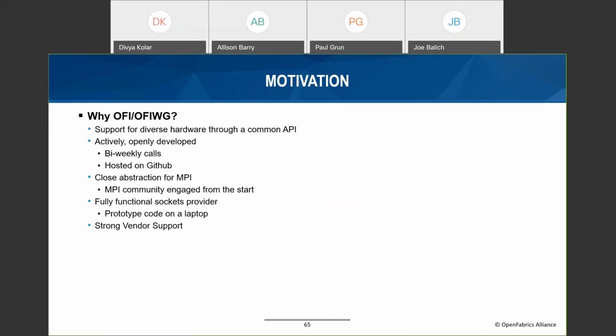That is taken care of by Libfabric, which is constantly updated. It's also because the Libfabric interface has a close abstraction of MPI, so it's much easier for us to implement a fully functional library on top of that, plus it has strong support from our vendor partners. So it's a fairly simple choice for us to base our development on. Next one, please.